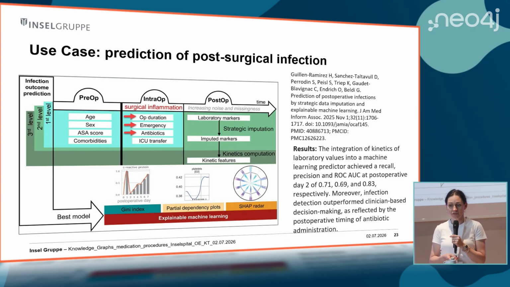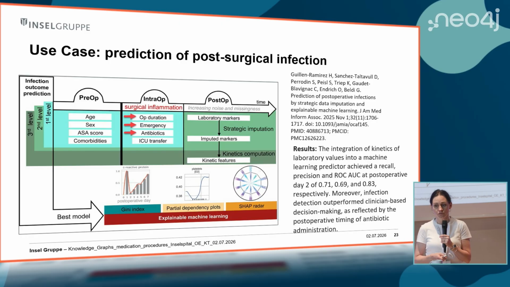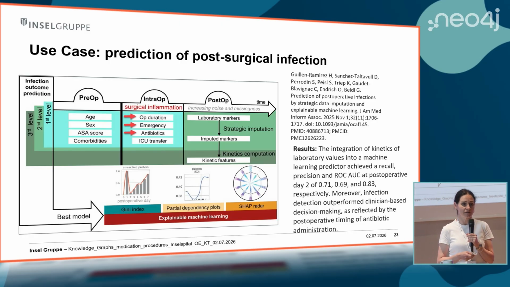So we got a case, prediction of post-surgical infection. We analyzed a lot of data pre-surgery, so patient characteristics like age, comorbidities, everything which is actually known before the surgery starts. Then intraoperative data, including physiological data, also urgency and night surgery.